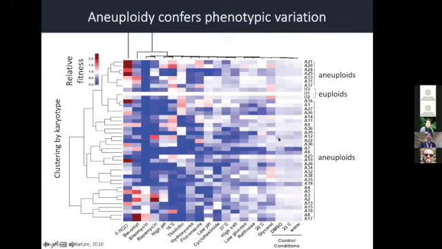But when you compare their fitness difference, in almost every stress there were always 1 or 2 aneuploid isolate strains that could grow better than the euploids. That means aneuploidy, this kind of random event, actually drives a large phenotypic variation, and it allows cells to adapt to stress.